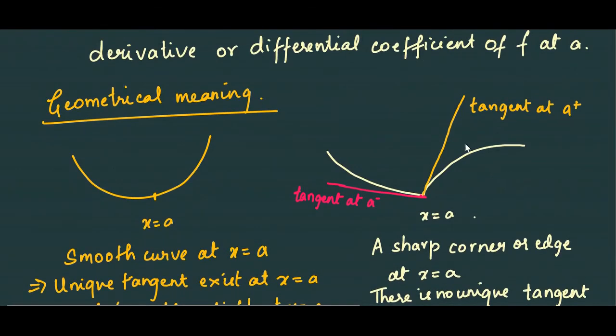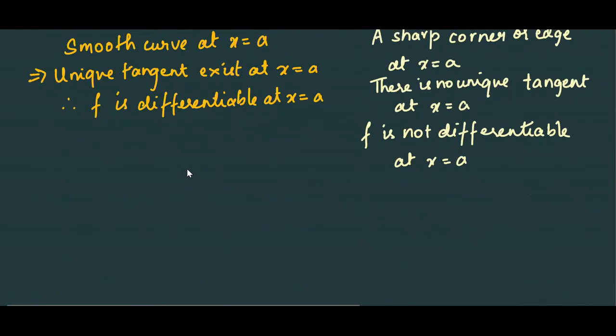Right hand derivative will be the slope of this tangent and left hand derivative will be the slope of this tangent. Okay. Is it clear? Everyone, please respond. Yes, sir. Okay.